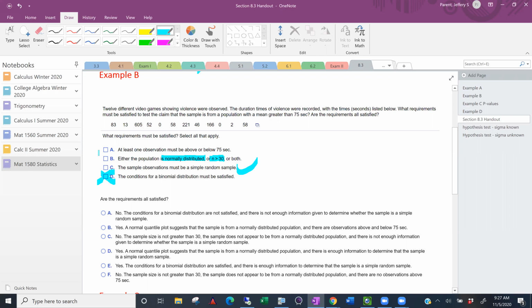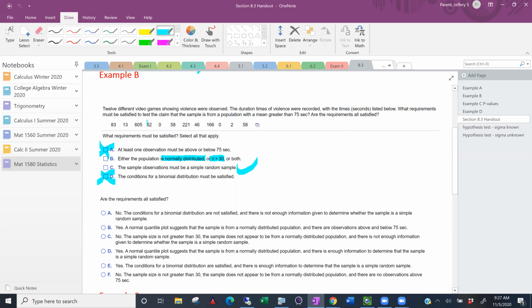Does that sound like one of our requirements? No, that's not. So the requirements that we need to check are these two. And to that end, let's check and see if this looks like it's from a normal distribution.